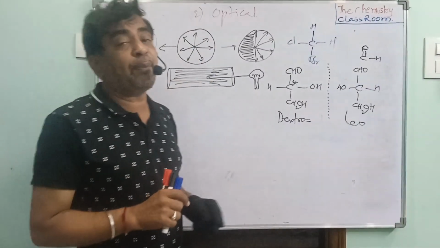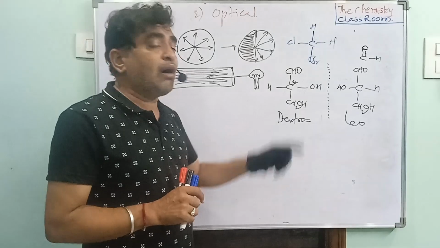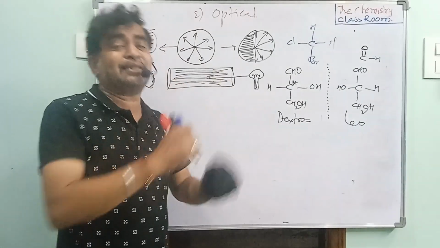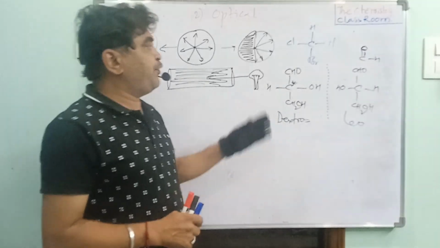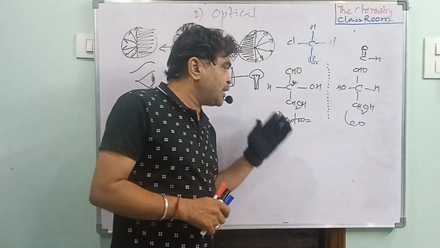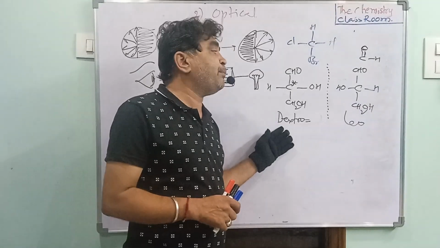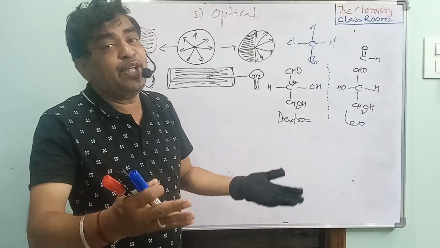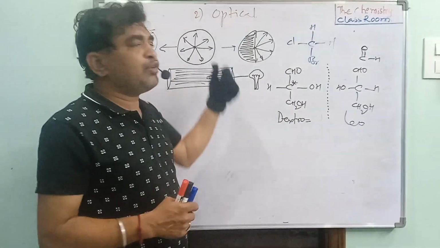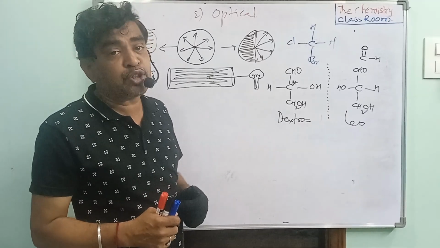This phenomenon is optical isomerism. If it rotates towards the right side, that compound is called the dextro compound. If it rotates towards the left side, that compound is called the levo compound. So this phenomenon is called optical isomerism.